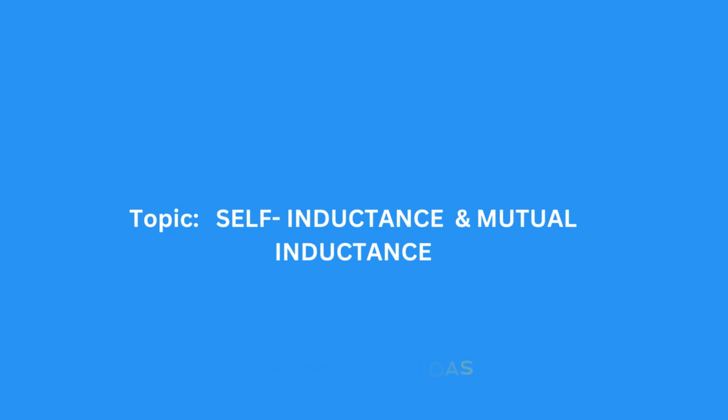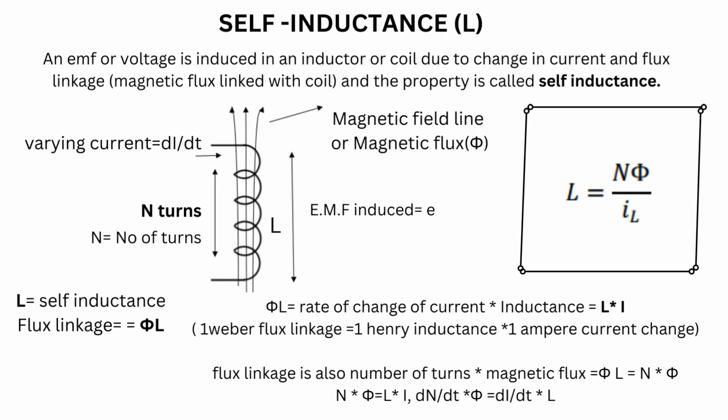Now, you can see a coil of conductor, which is an inductor, and a current passes through the inductor, which produces some EMF.